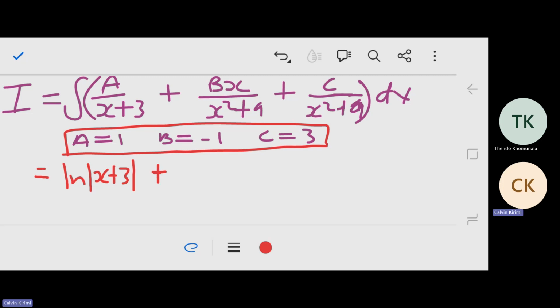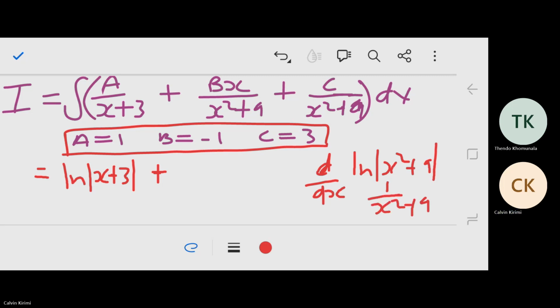Remember, when you differentiate d dx of ln of absolute x squared plus 9, we are going to get 1 over x squared plus 9 multiplied by 2x on the numerator.